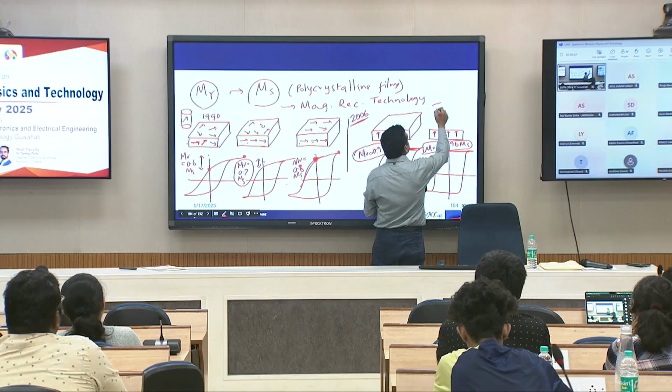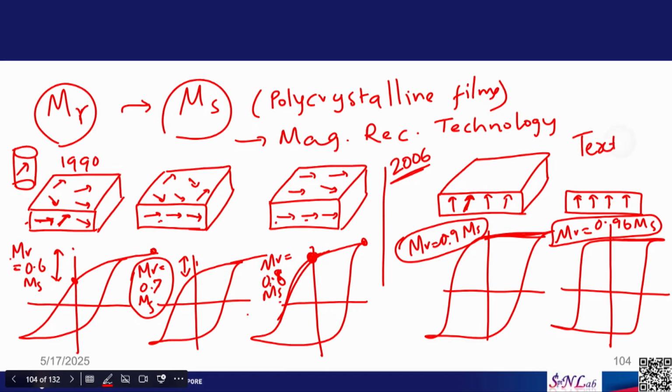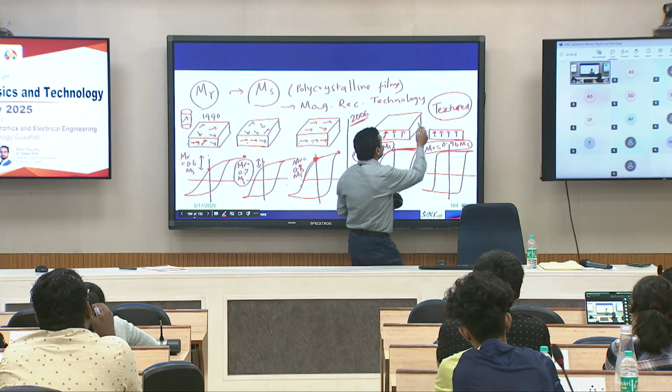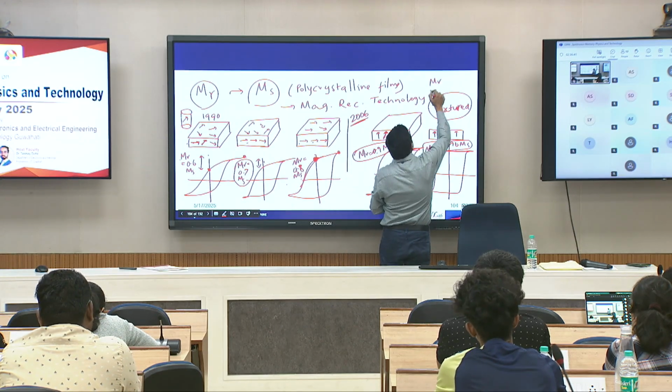We call this textured. You try to make all the easy axes along the same direction, then you can achieve high values of MR over MS.